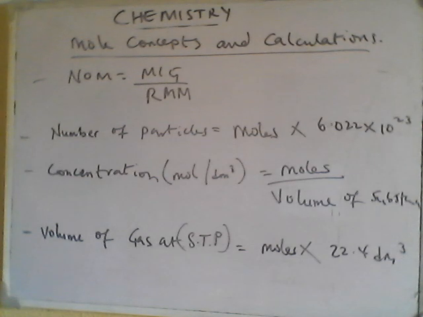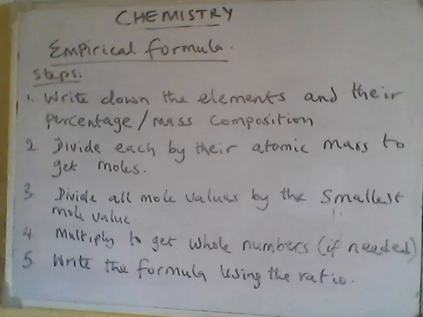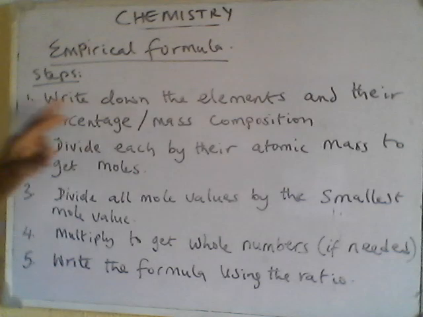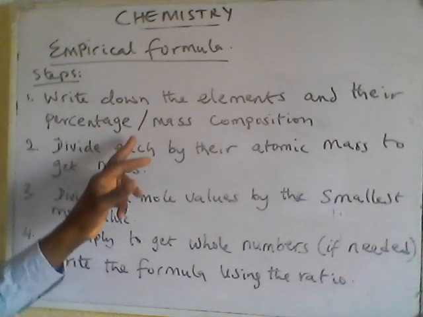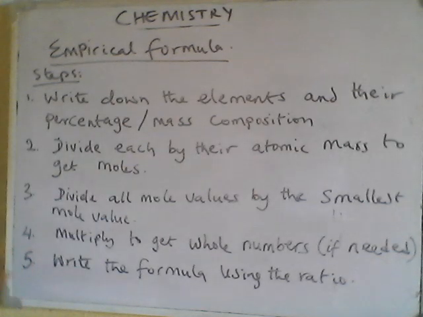Okay, so let's dive into some calculations. We'll look at the empirical formula, and these are the steps for us to get the calculation. The first one is to write down the elements and their percentage or mass composition. Sometimes they will give you percentage or mass composition.